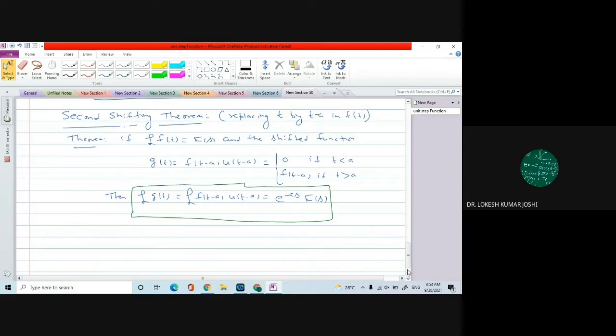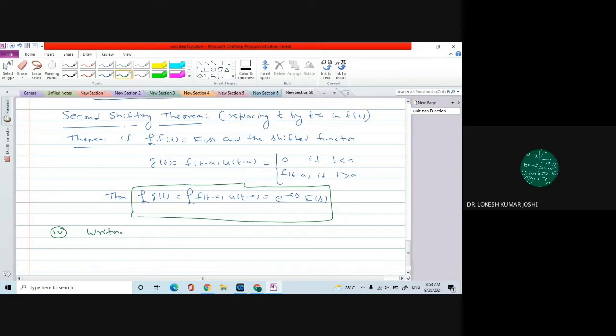Now, the application of this particular unit step function: we can write a piecewise continuous function in terms of unit step function. This is the most important application of unit step function. Number 4.